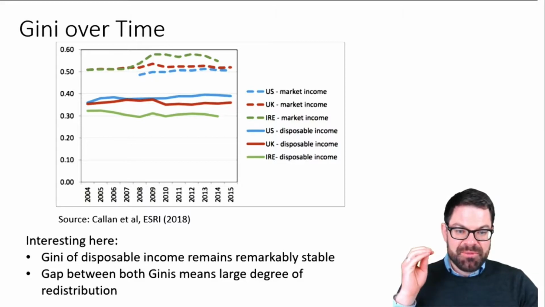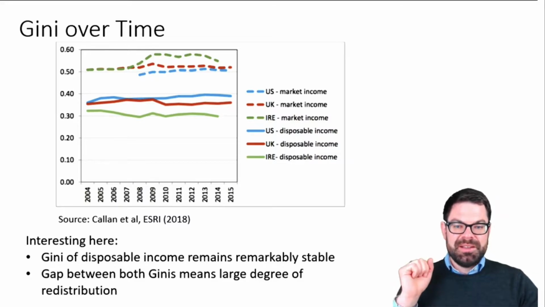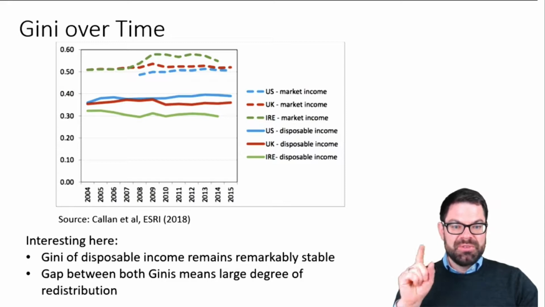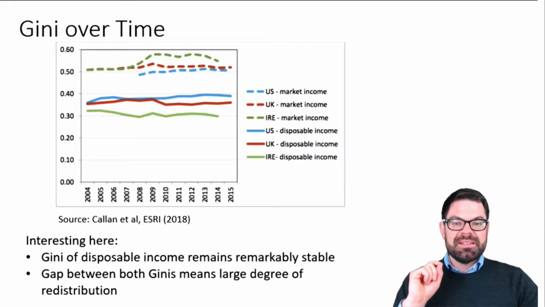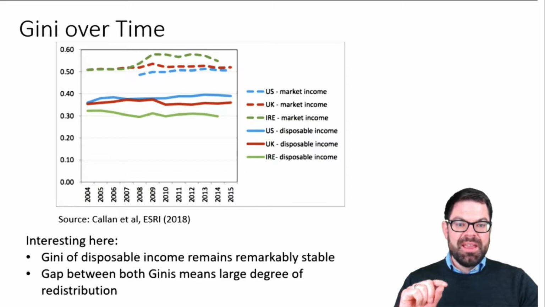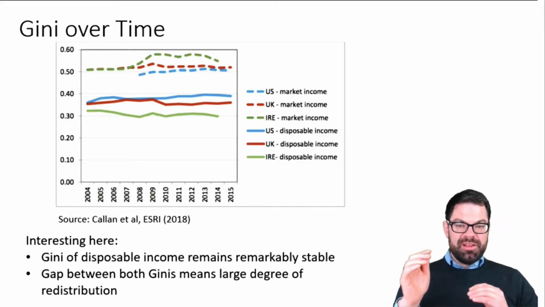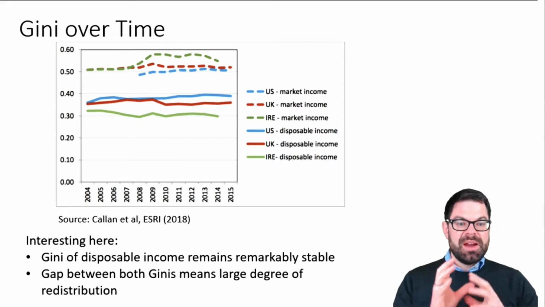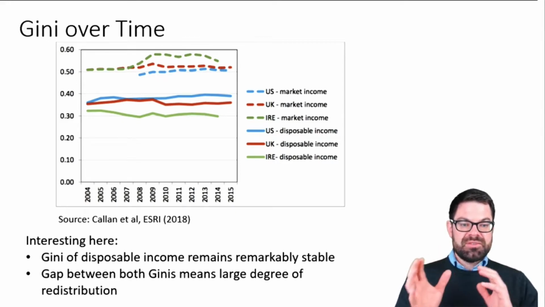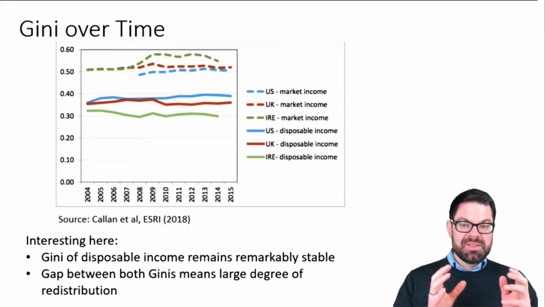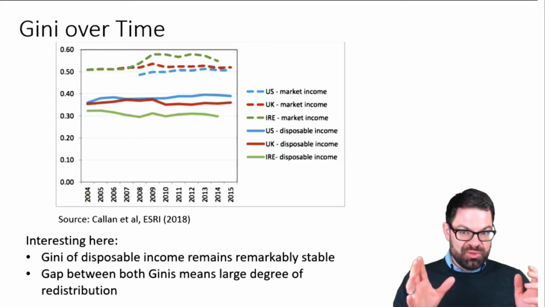So it has a very unequal market income. But compared to those other countries, the tax transfer system is a lot stronger, in the sense that the inequality in disposable income is actually lower than in the UK and in the US. So Ireland does a lot more redistribution through taxes and transfers than the UK would do.